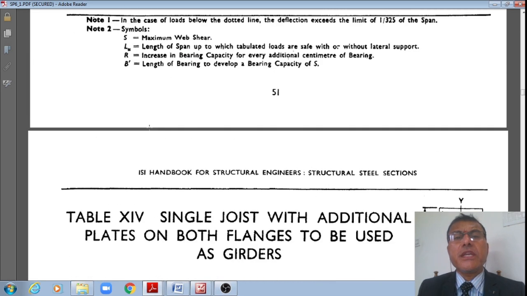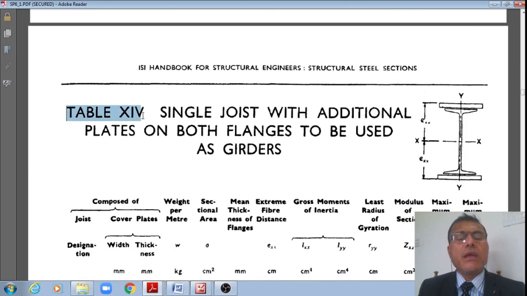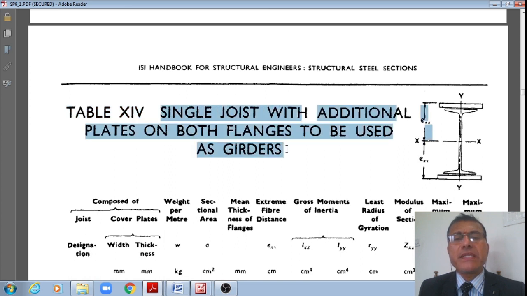Now the next type of discussion is Table 14, single joist with additional plates on both flanges to be used as girders, right?